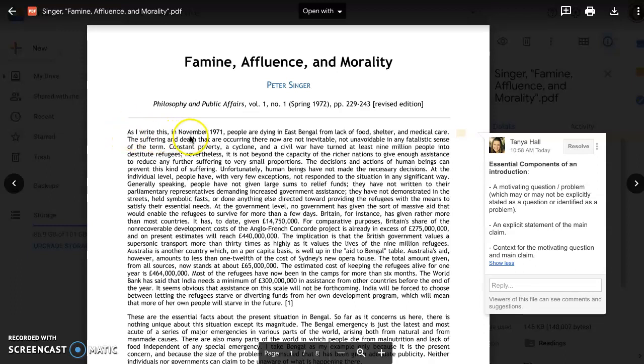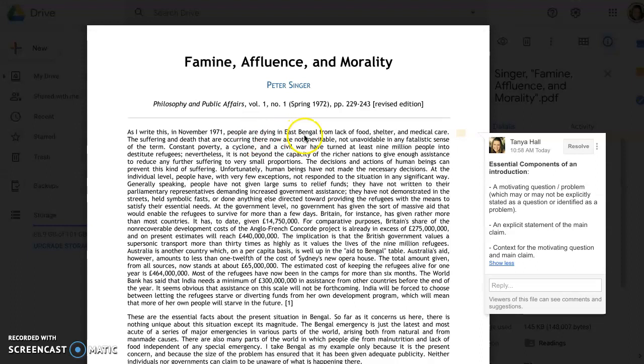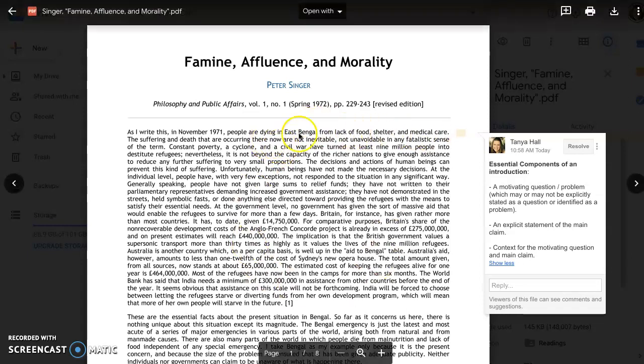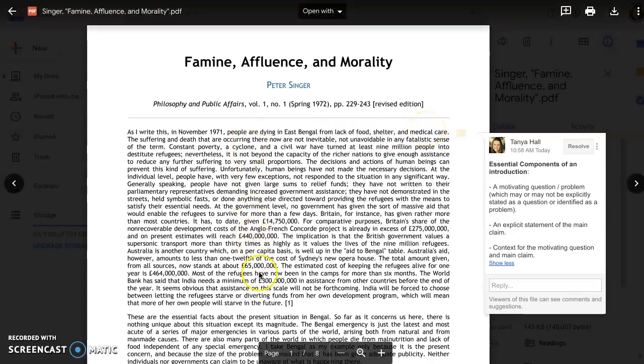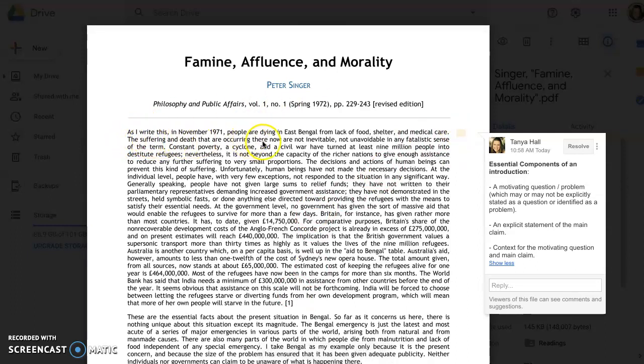"As I write this, people are dying in East Bengal from lack of food, shelter, and medical care." So one thing I might predict is maybe this whole paper is establishing that this is the case. But as I read on, I see that that's not quite what the point of this paragraph is. Reading on to the next sentence: "The suffering and death that are occurring there now are not inevitable, not unavoidable in any fatalistic sense of the term."